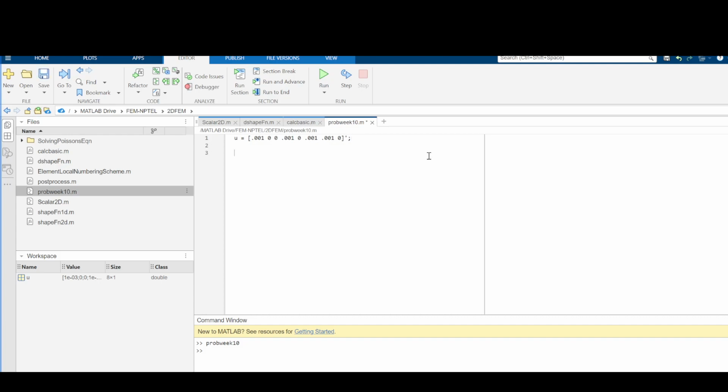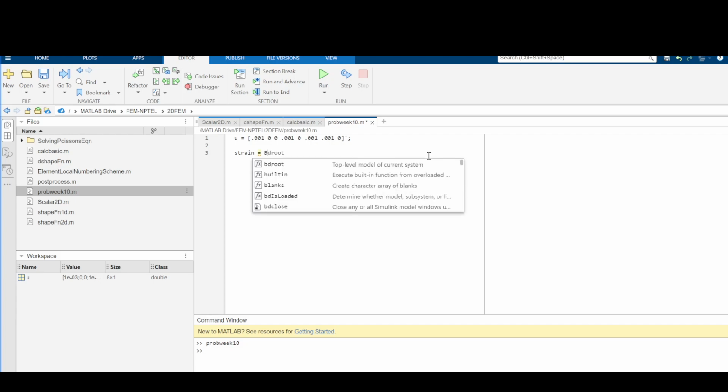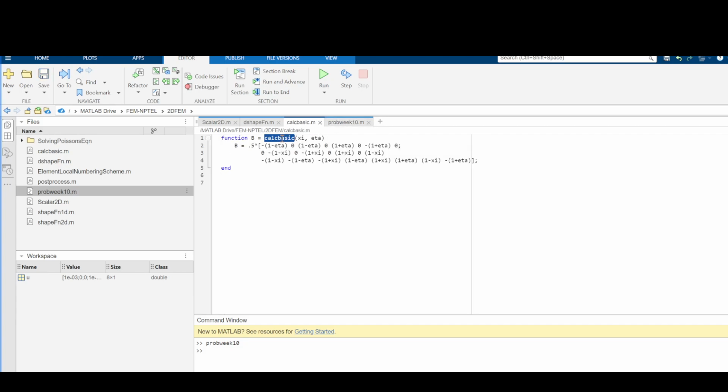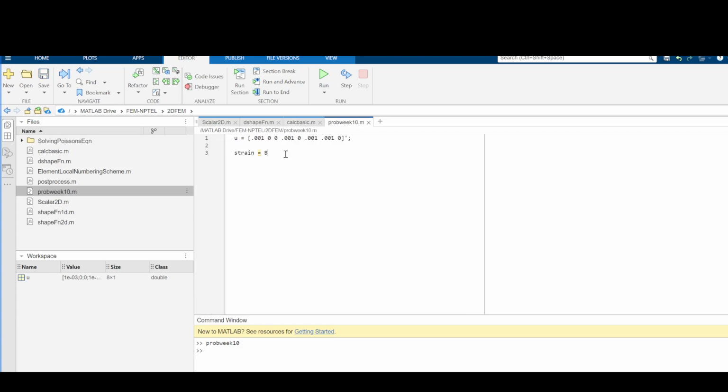So to find strain, B is actually multiplied by U. So we evaluate the strain here.